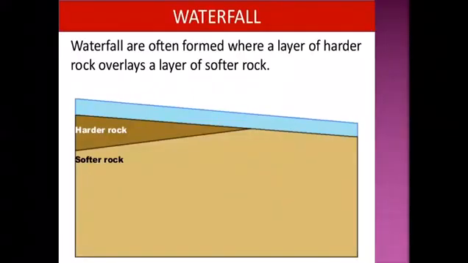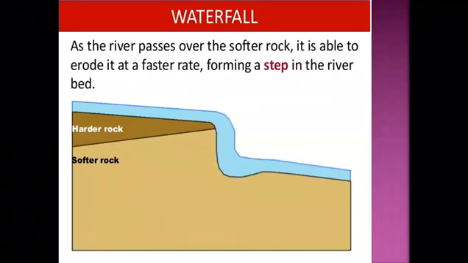The first one we are going to study about is waterfall. Waterfalls are often formed where a layer of hard rock overlays a layer of softer rock. As the river passes over the softer rock, it is able to erode it at a faster rate, forming a step in the river bed.